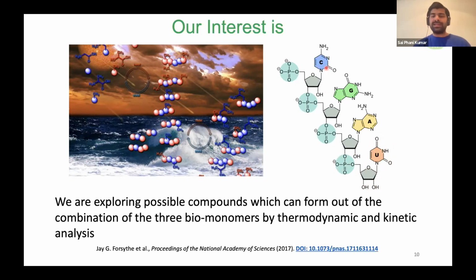You can select any of these, like cytosine, guanine, adenine, and uracil as well in the case of RNA. Here we are exploring possible compounds which can form out of the combination of the three by thermodynamic and kinetic aspects. Thermodynamics means we need to calculate the thermochemistry properties, the free energy of formation, the enthalpies of formation, and the change in entropies of these compounds, and compare it with other feasible structures.